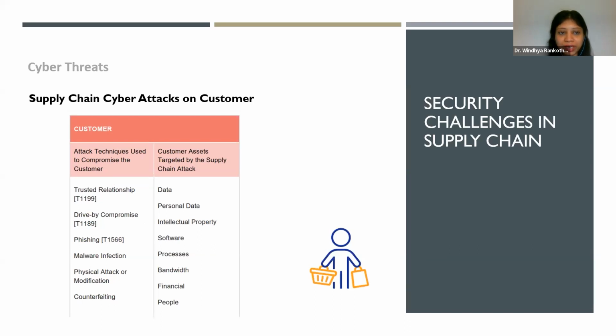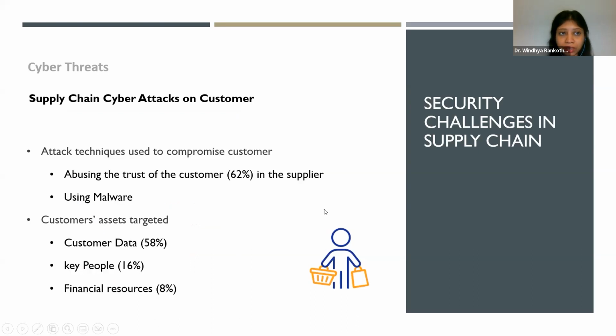So these are some of the attacks that can happen on the customer. And about the statistics, trust abuse or compromising the trust, 62%, and using malware is one of the most common ways that attackers have used to attack the customer. And attackers have targeted customer data and even people and financial resources of the customer.